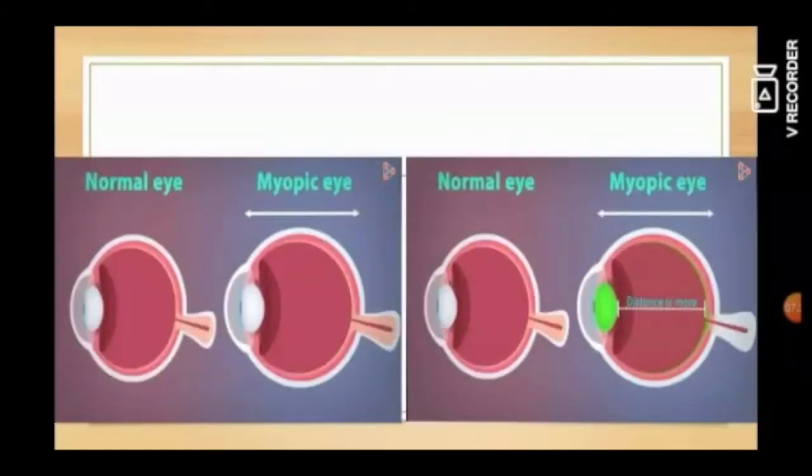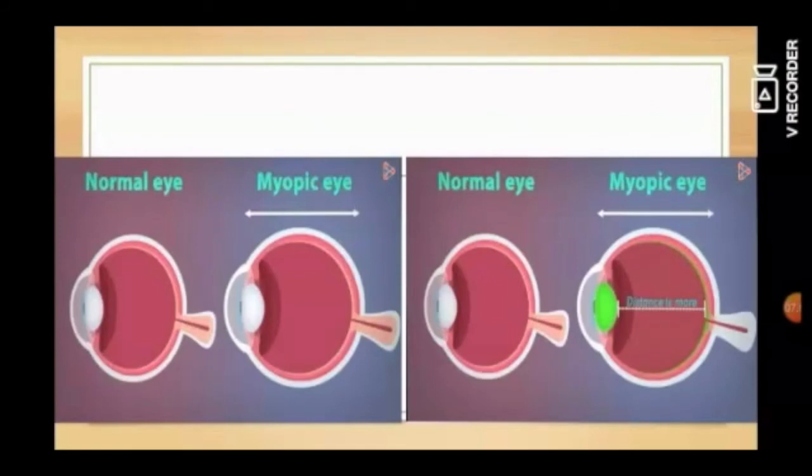But what causes the light to converge in front of the retina rather than on the retina? Exactly, my dear students, it's the larger size of the eyeball, which is the main reason behind the blurriness of the image. As you can see here, in the myopic eye the length of the eyeball increases because of elongation.